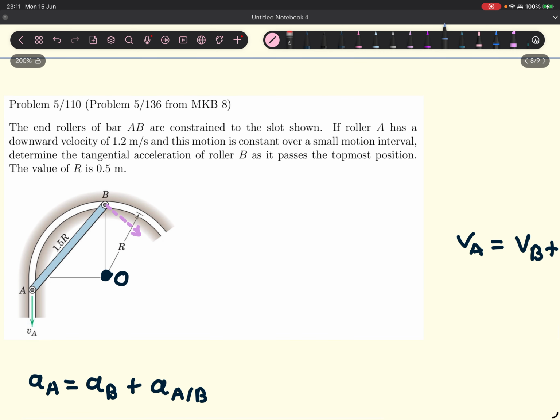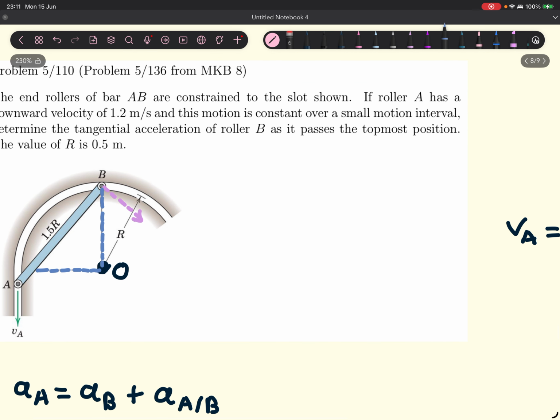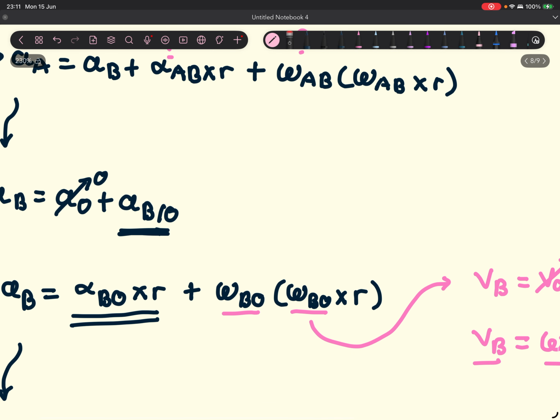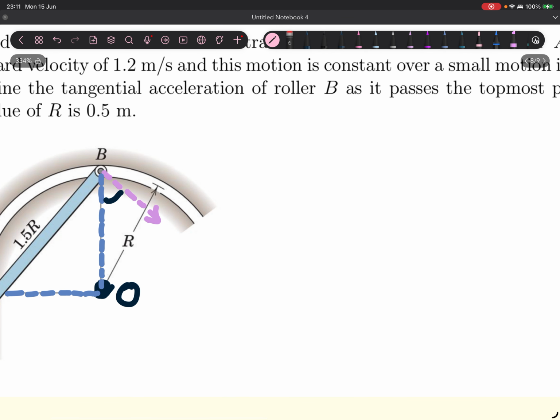And the angle that we want, I'm going to draw this as a complete triangle, right? And then the angle that we want is the angle that it makes with a vertical line, which we called alpha, and the angle that it makes with a horizontal line we called theta.